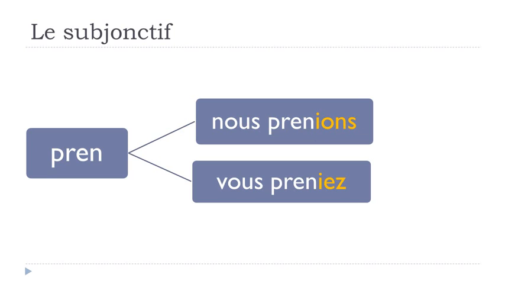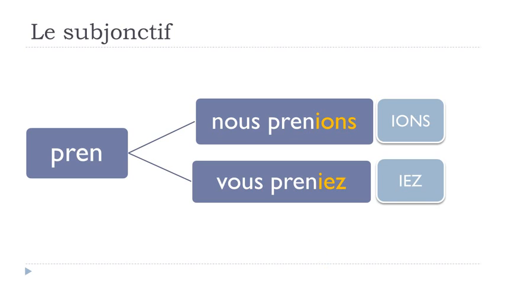And the ending for vous is iez. So we get nous prenions, vous preniez. All right? So if we think carefully, ending I-O-N-S for nous, I-E-Z for vous.